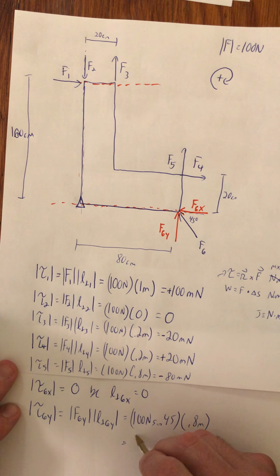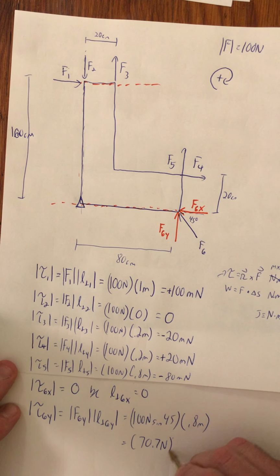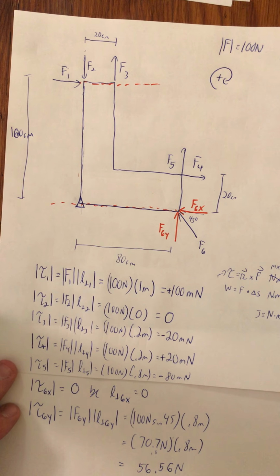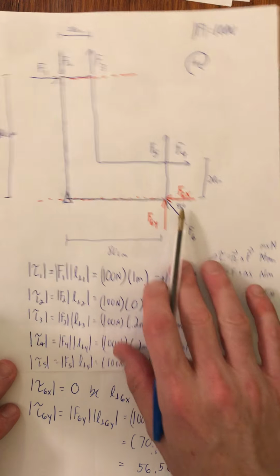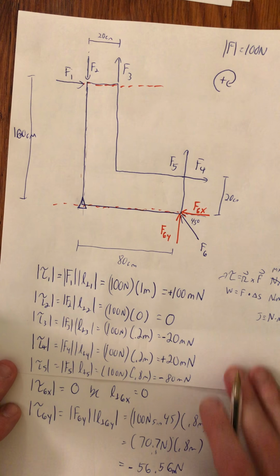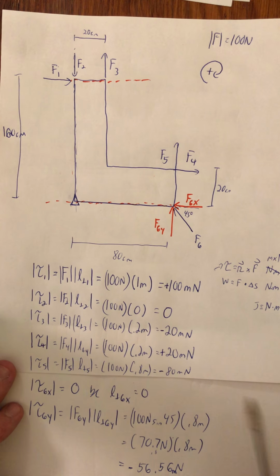So that's 70.7, I think, newtons times 0.8 meters, which is going to be about 56.56 newton meters. And what direction is that going to make it go? That's going to make it go counterclockwise. Okay? And so that's how we can use lines of action and lever arm distances to find torques.